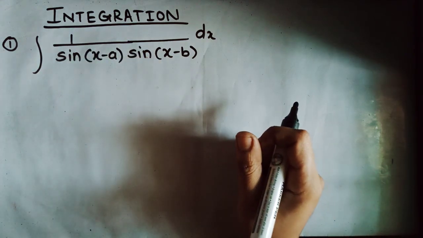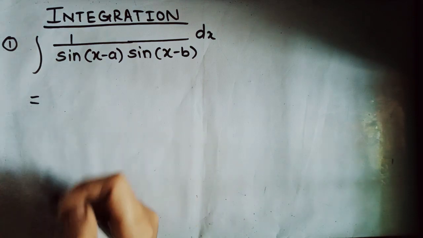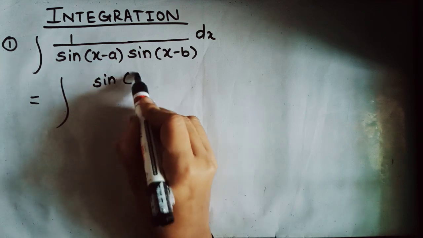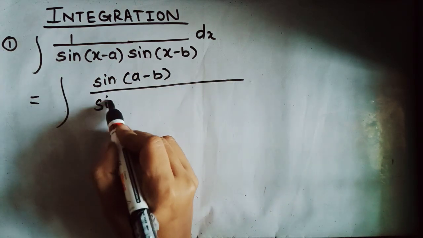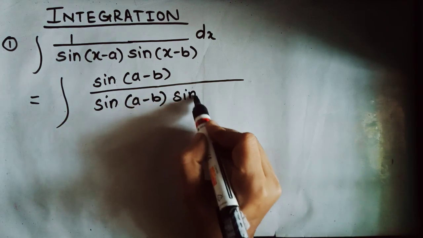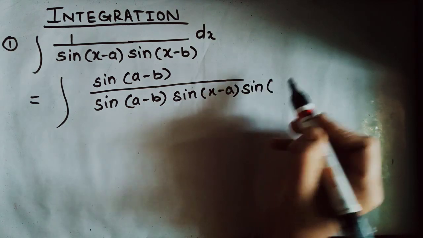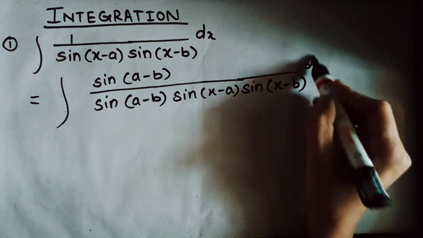Okay, so if I multiply both numerator and denominator by sin(a minus b), okay, let's see what happens. sin(a minus b) over sin(x minus a) sin(x minus b) dx.